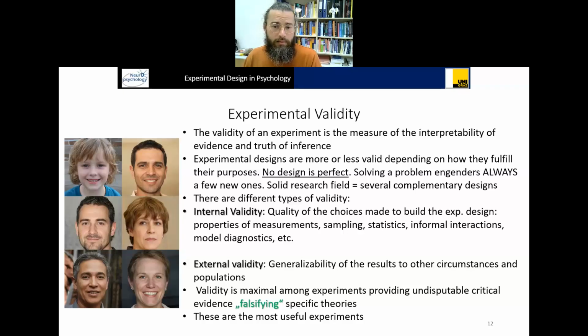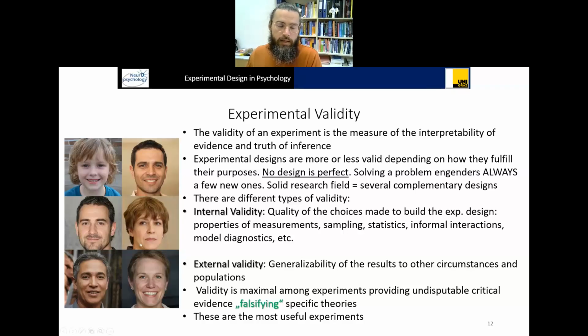Is your sampling adequate? And also the kind of statistical tests and descriptive statistics you use. Also other aspects of design like personal interactions, so between experimenters and participants, and also between participants themselves.